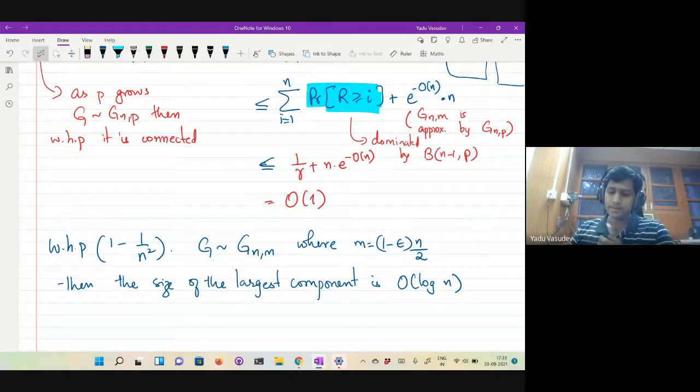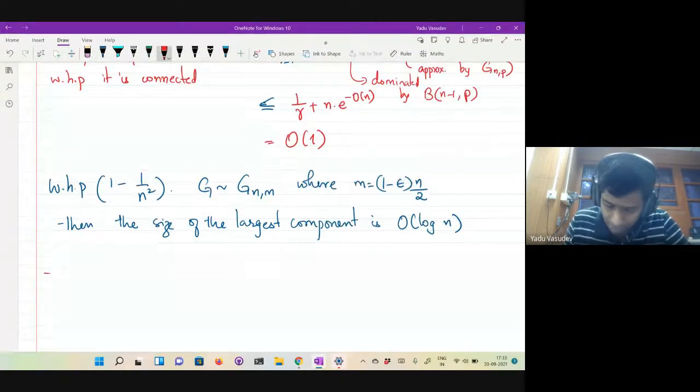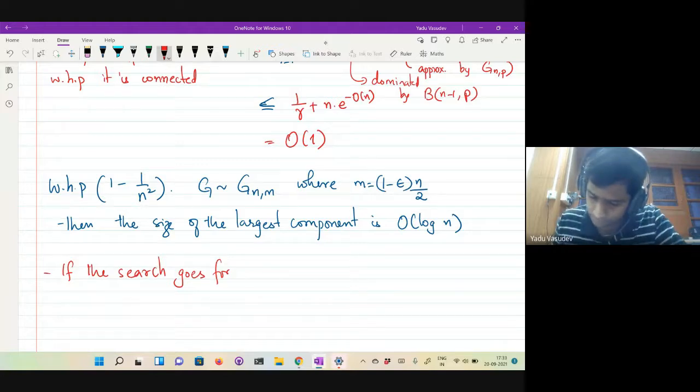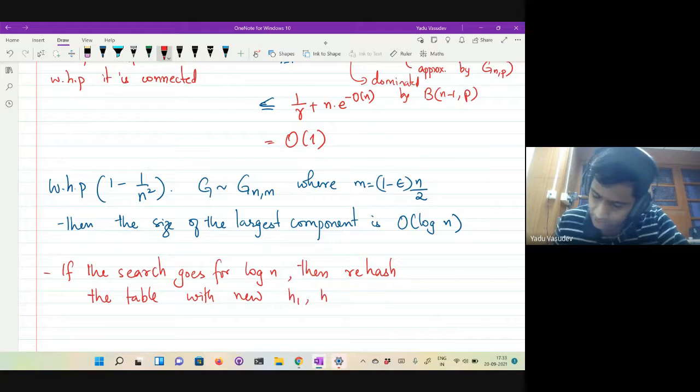So typically what happens is that if your search goes on for too long, you just stop and then you rehash, right? This is the other thing that sometimes people do. If the search goes for something like log n steps, then you rehash the table with new hash functions h1 and h2.